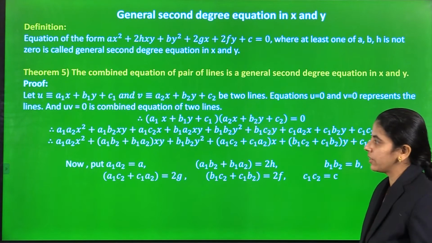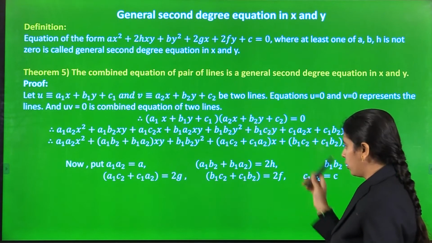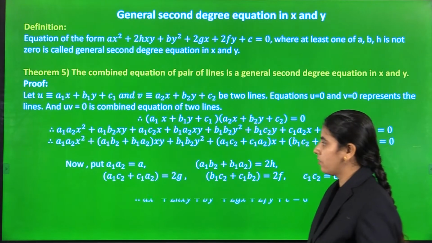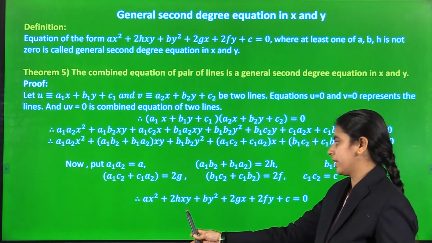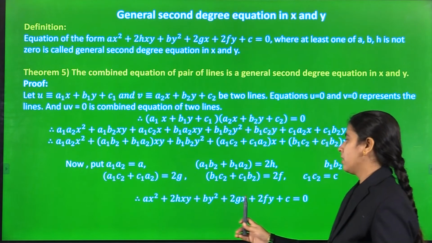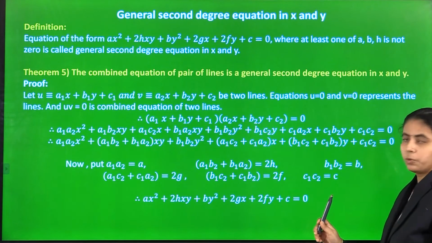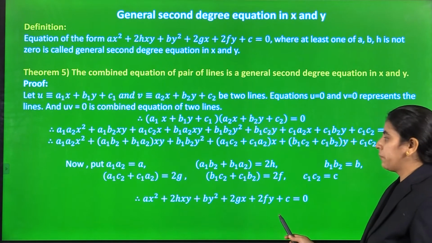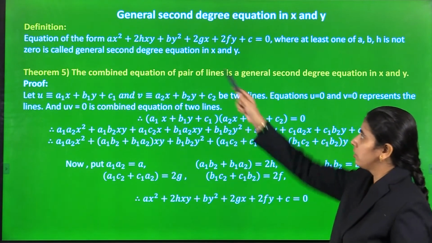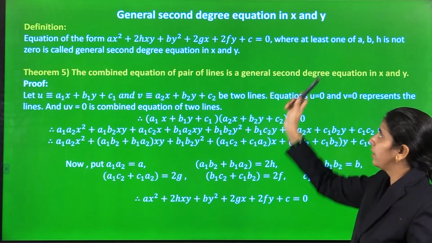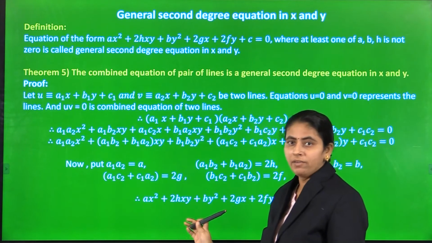After this substitution, we get ax square plus 2hxy plus by square plus 2gx plus 2fy plus c equal to 0, and this is the general second degree equation in x and y.